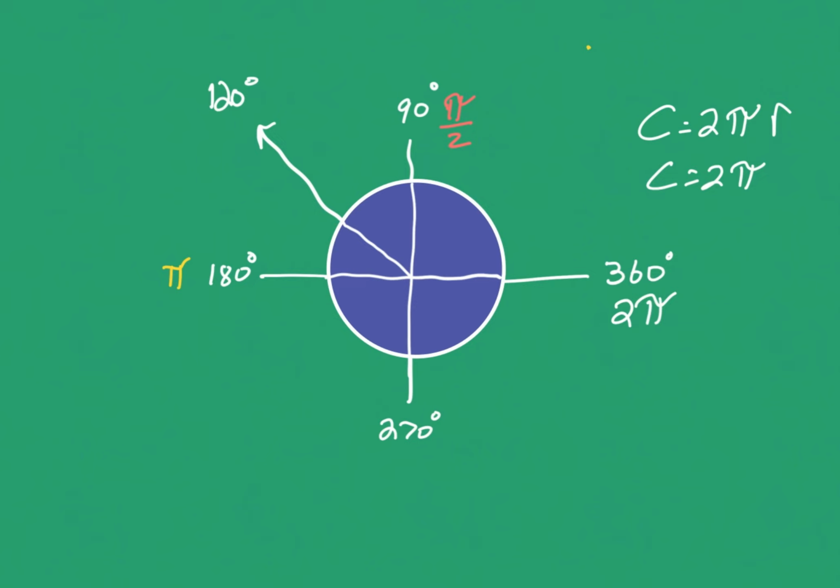And 270 degrees is the same thing as 3 pi over 2 radians. And all of these little spots within here, we could divide up as well and give them radian measures.